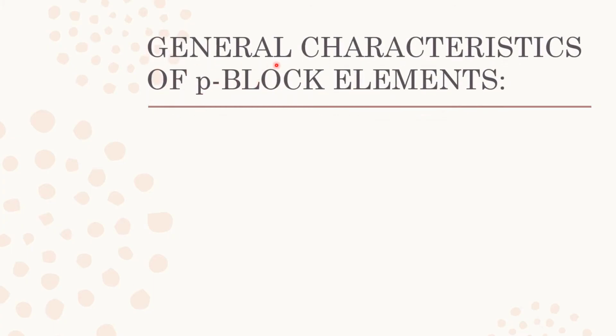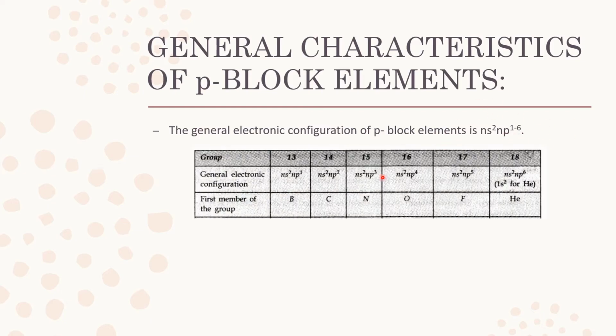Now we are going to see the general characteristics of p block elements. The first one we are going to see is the electronic configuration. Now we are going to see the general electronic configuration of p block elements, that is ns2 np1 to 6.